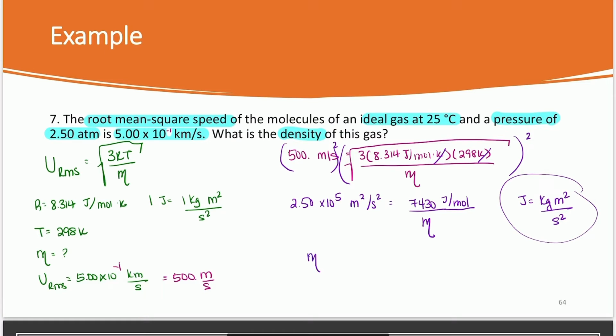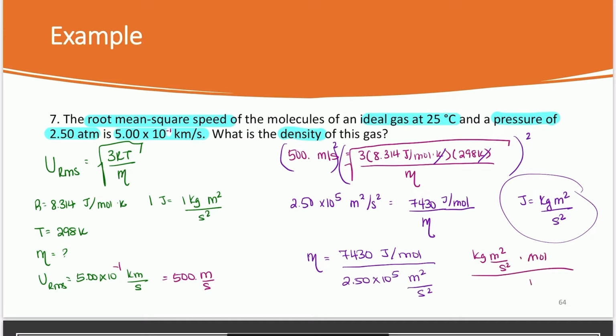Rearrange this equation, solve for molar mass. If you solve for molar mass, that means this goes here. So I've got 7,430 joules per mole divided by 2.50 times 10 to the 5th meters squared per second squared. Now, to figure out these units really quick, this joule is kilogram meters squared per second squared times mole, that's my numerator, divided by meters squared second squared. So I see my meter squared cancel out, second squared cancel out. I'm left with kilogram per mole.